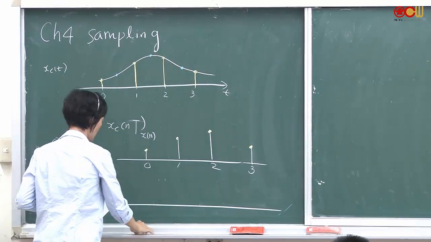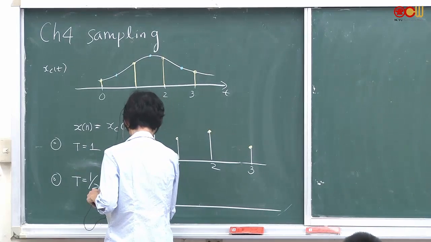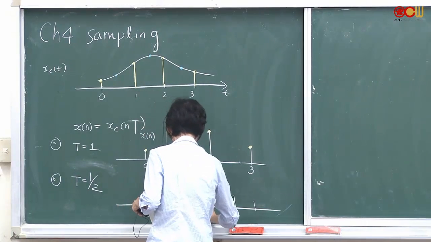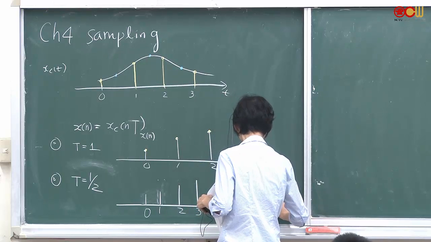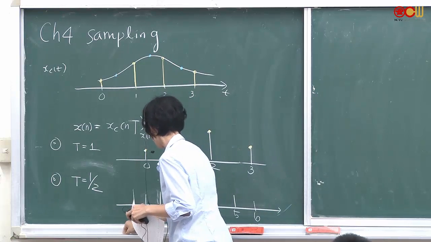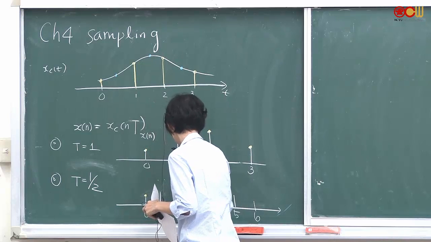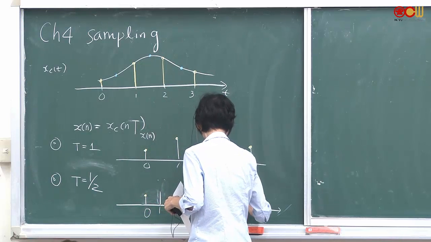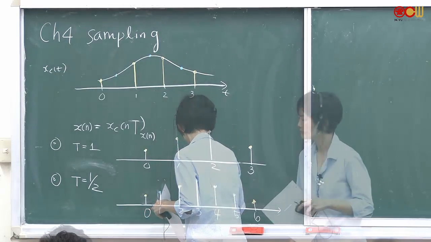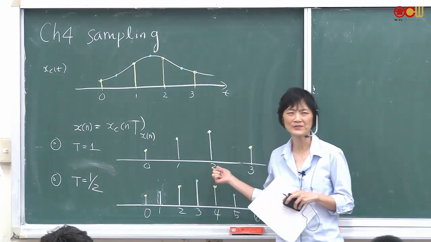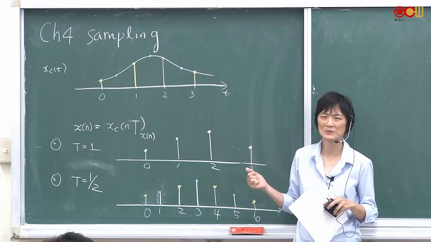All right? So the picture would look like this. 0, 1, 2, 3, 4, 5, 6. All right? And then we get the yellow and also the blue. Well, in this particular example, the spacing is a little bit different.